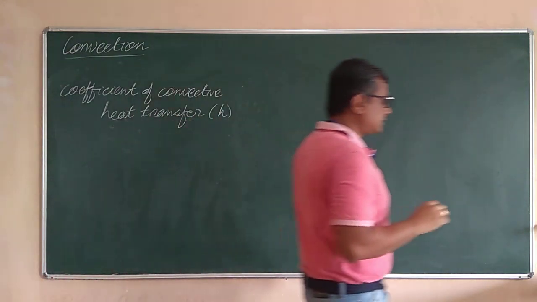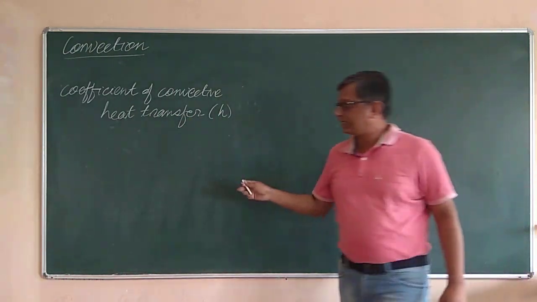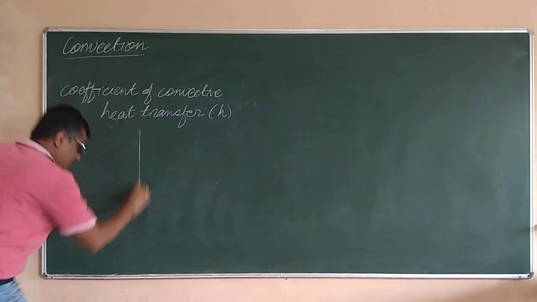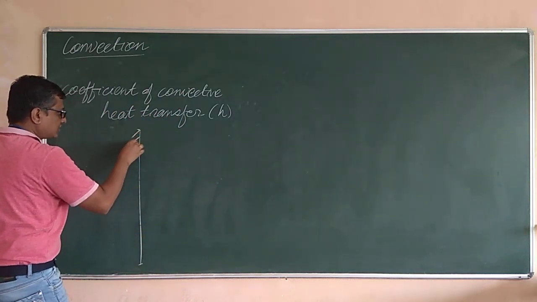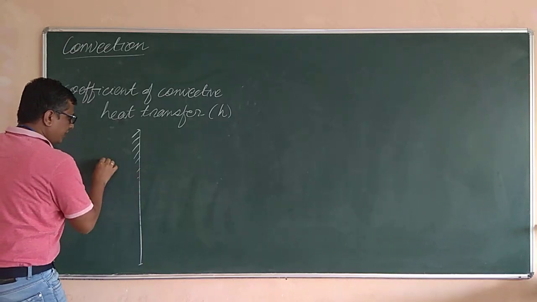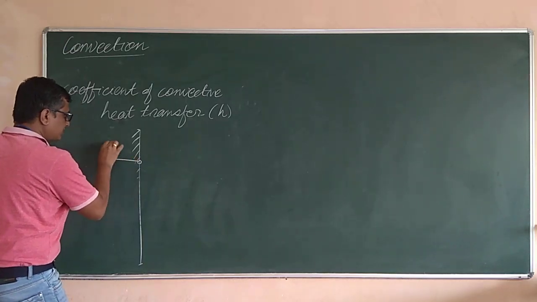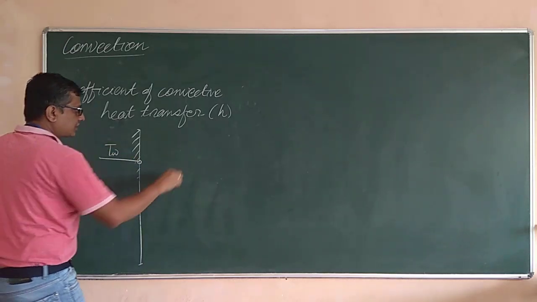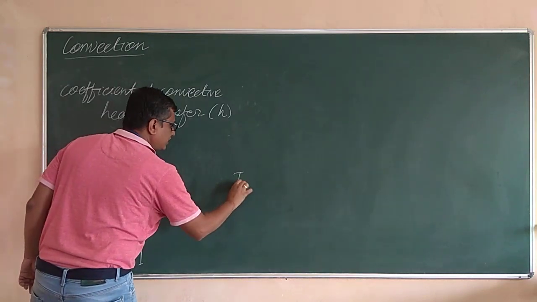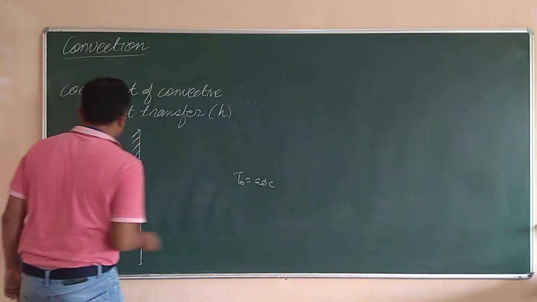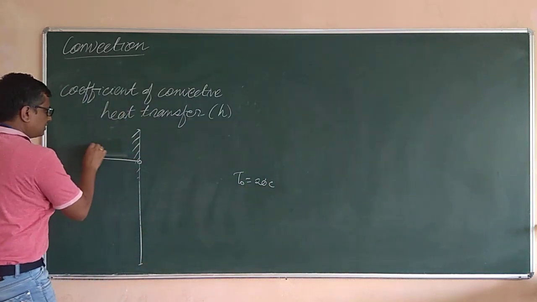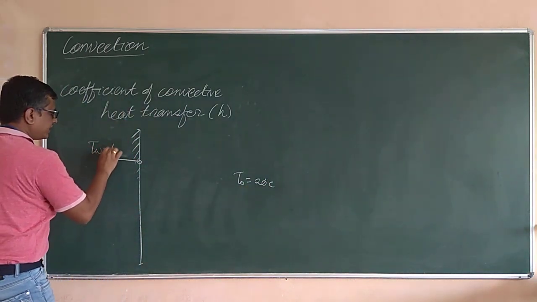Now, I have just drawn the same figure over here. Say this is a solid surface, where the temperature of the solid surface is TW, and the temperature of air is T0, say 20 degrees Celsius. This is just taken as an example. This TW is equal to 100 degrees Celsius.